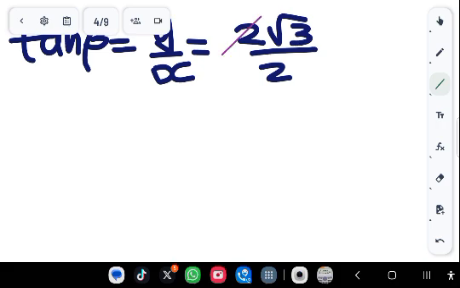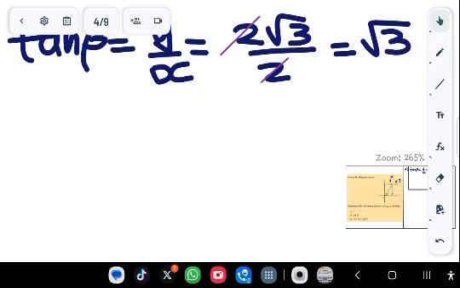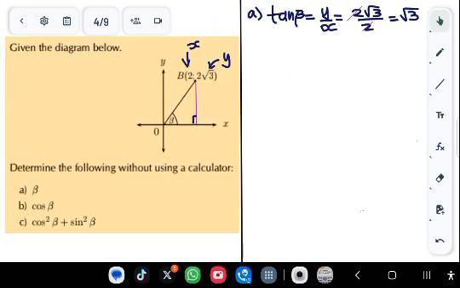Now that leaves us with square root of 3. To figure out what angle that will be, go back to your special angle triangles and find the angle whose tan gives you square root of 3.